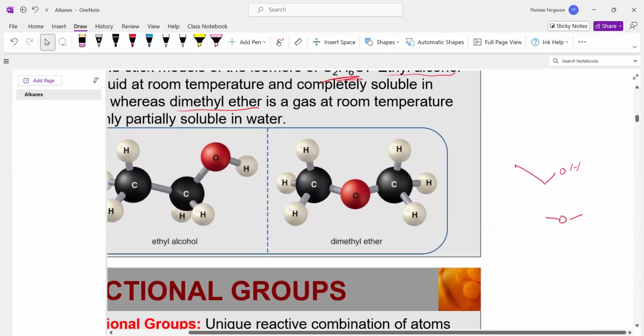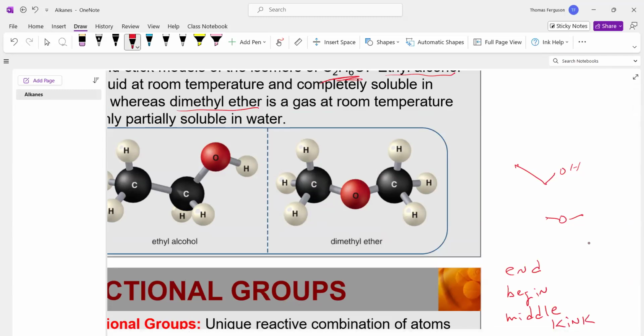And the line drawings would look like this. So we've got a carbon here, carbon there, carbon here, carbon there. Remember, in line structures, whenever there's an end, at the beginning, and if there's a kink, that's where carbon is located.